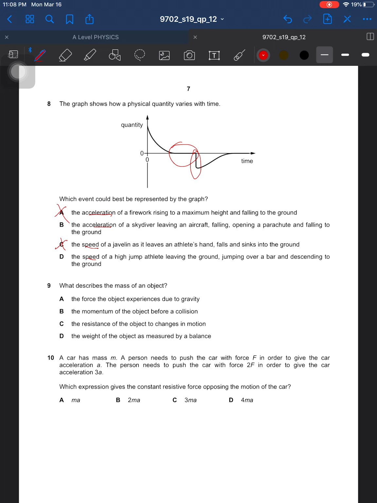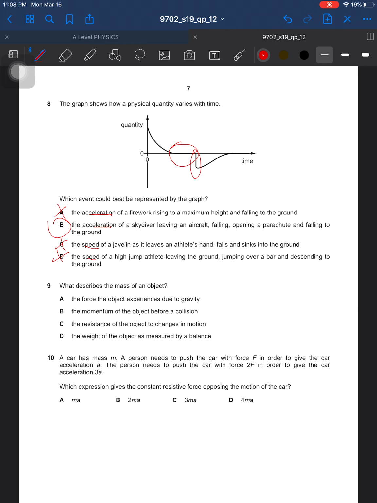D, speed of the high jumper leaving the ground, jumping over a bar, descending to the ground, definitely not. So B seems to be the best answer, but let's see if it satisfies the graph. Acceleration of the skydiver leaving an aircraft, falling, then opening a parachute and falling to the ground.